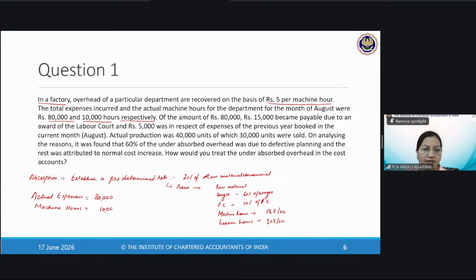So look at your predetermined rate. What is it? It is 5 rupee per hour. So if the machine is running for 5 rupee per hour and 10,000 hours the machine is running, then the overhead absorbed would be 10,000 into 5, 50,000.